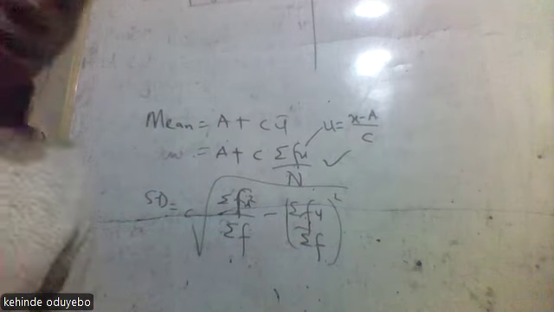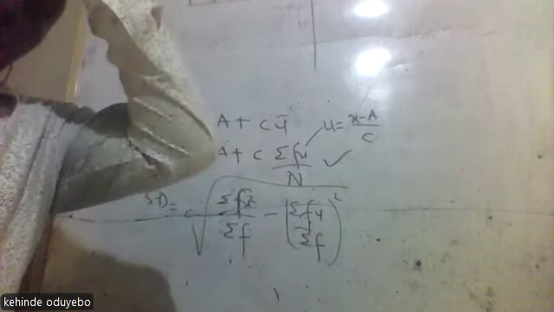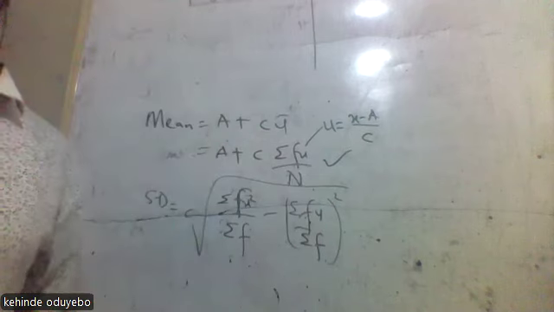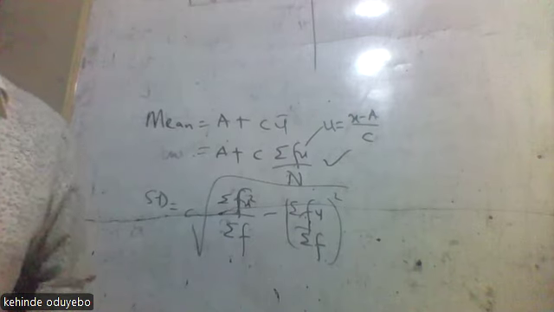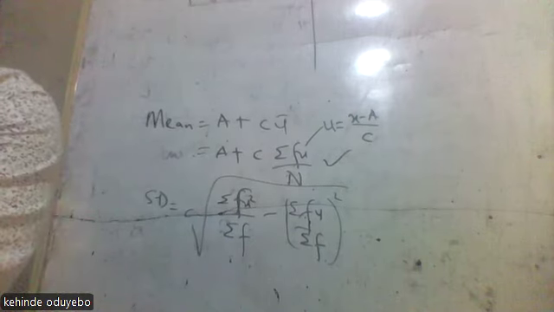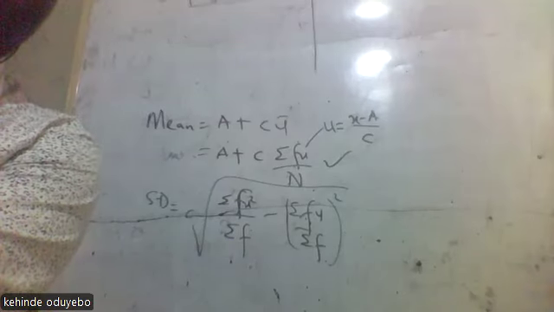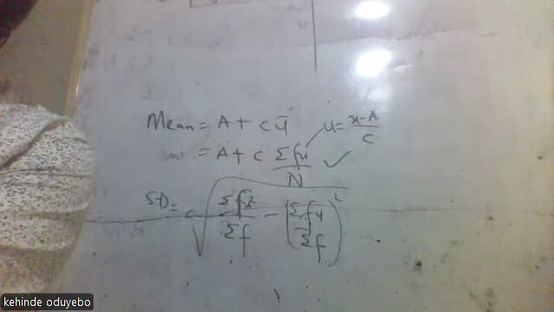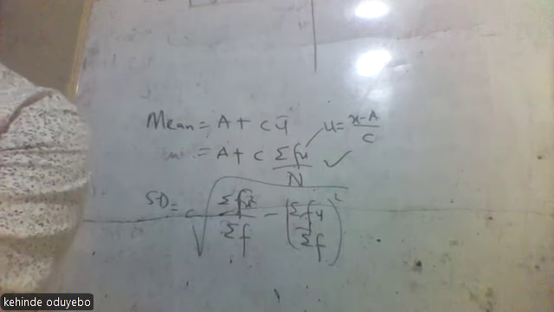What do you have? 50.25. Do it again. So I've got 51 plus 77 plus 27 plus 46. Yes. It's not 50, it's 50.25. That's the mean.